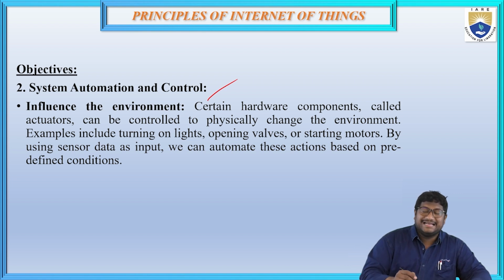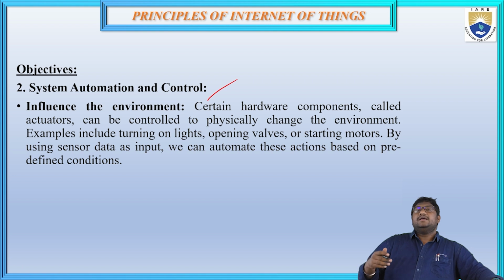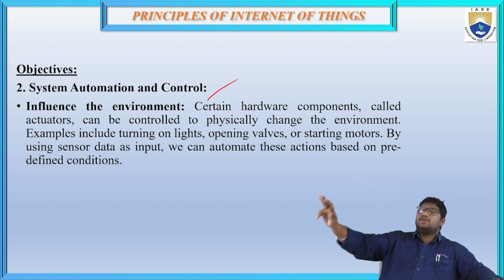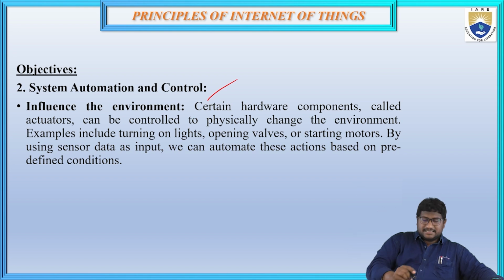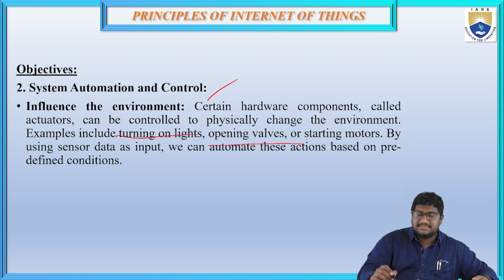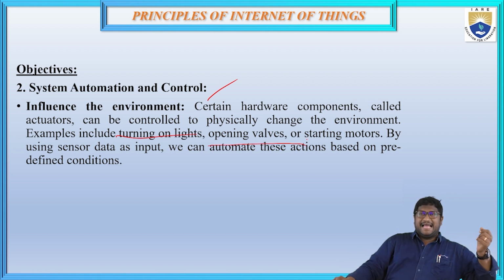Take an example. There was a switch. There was a light in my concerned room. I need to switch on that particular light. Turning on the lights is the best example of influencing the environment. And opening valves, which will be in banks, and starting motors, even our water motor.